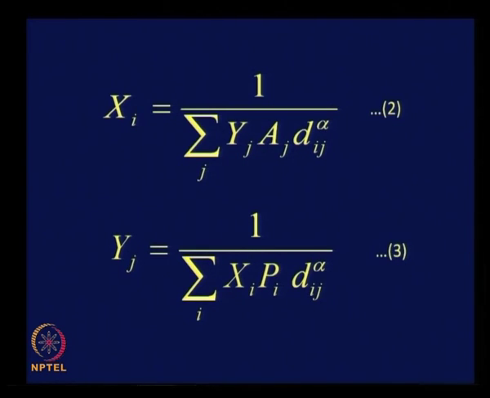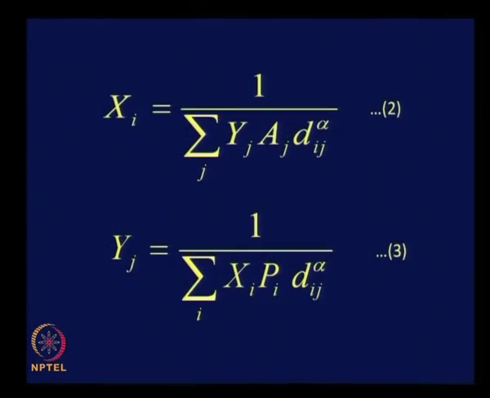Now, how to go about substituting the known values and getting the value of Tij, trip distribution between zones i and j, is the question. Please note that equation 2 involves Yj, and equation 3 involves Xi, right.